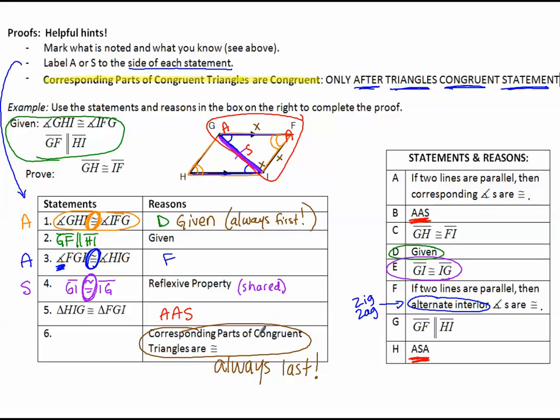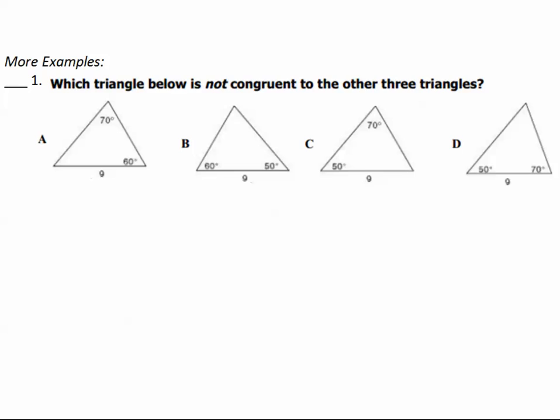And corresponding parts of congruent triangles, always last. What else goes last? The thing they said to prove. This is our goal, so that's going to go at the very end. GH congruent to IF. Let's look at a couple more examples.